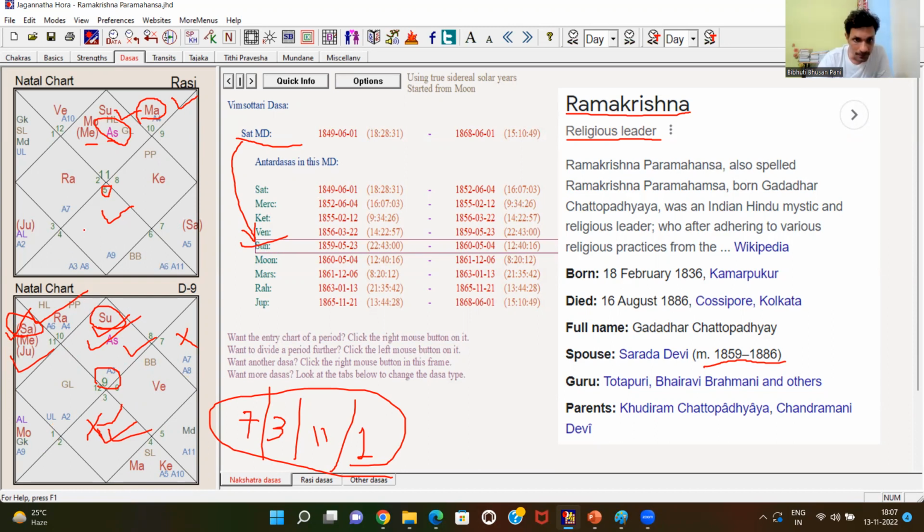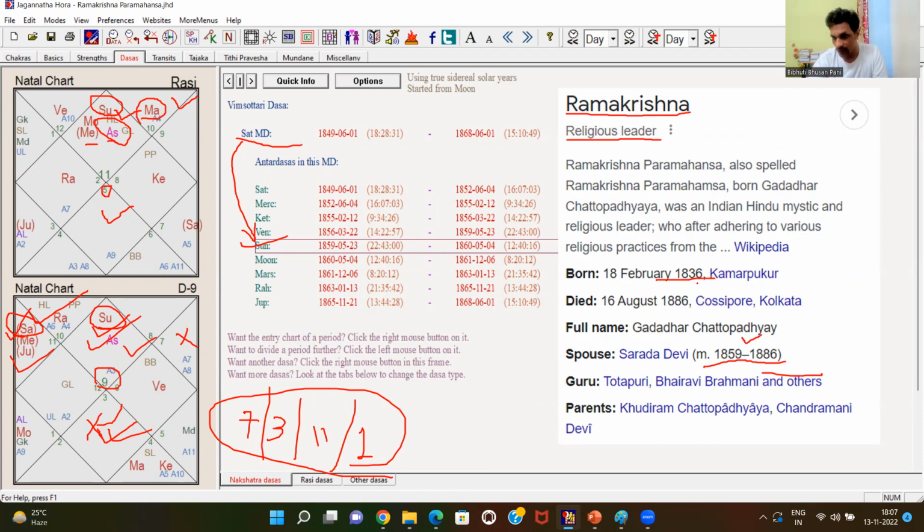Along with that, in D1, the 7th Lord is in the 1st house. Ramakrishna Paramahansa was born in 1836 and he got married in 1859.